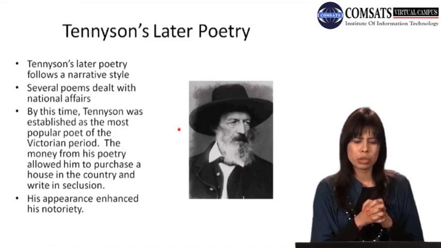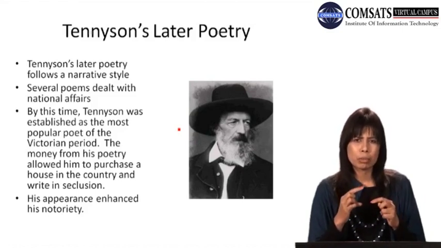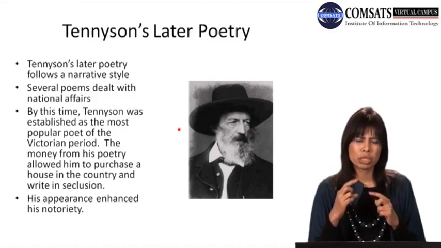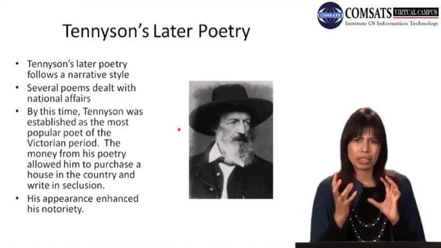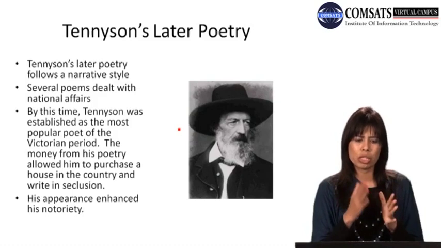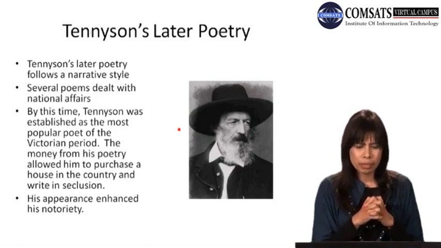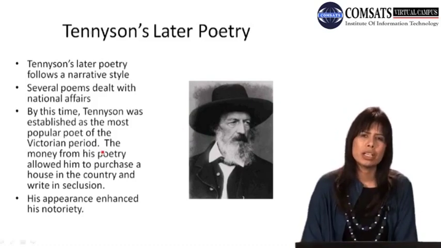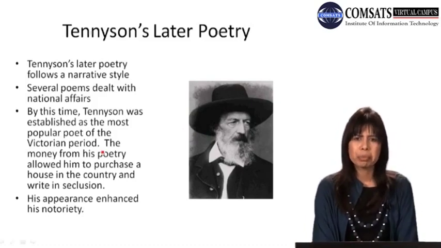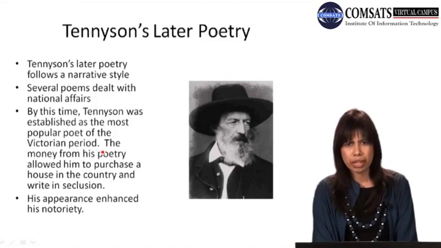By this time, Tennyson was established as the most popular poet of the Victorian period. After the publication of In Memoriam and some other works, he was given the title of poet laureate, and he was the most popular poet of the Victorian period. He earned a lot of money after his publications.